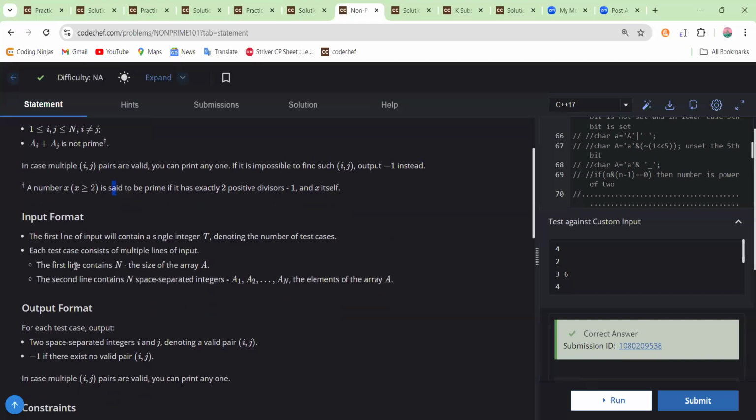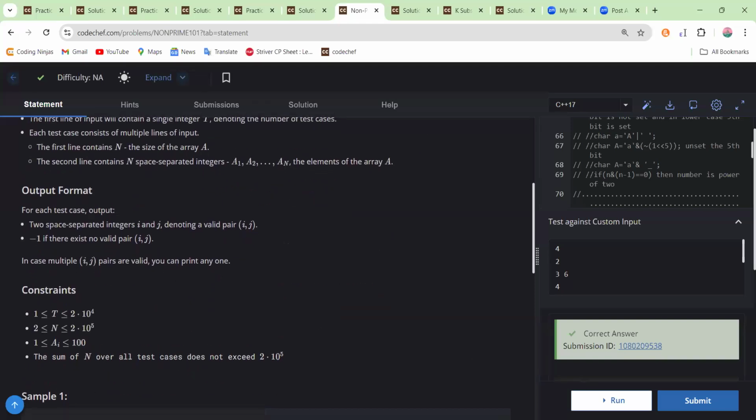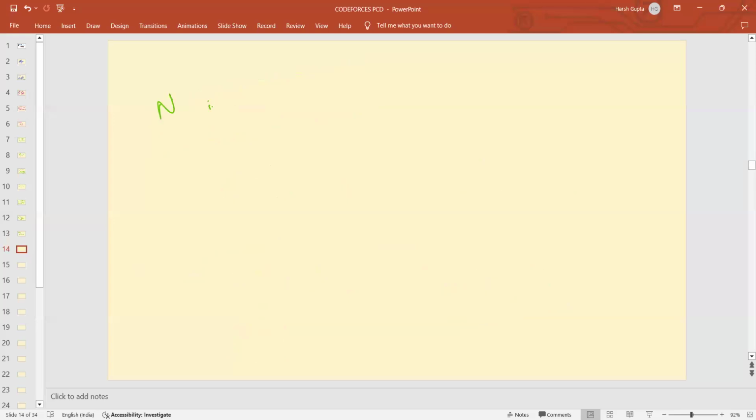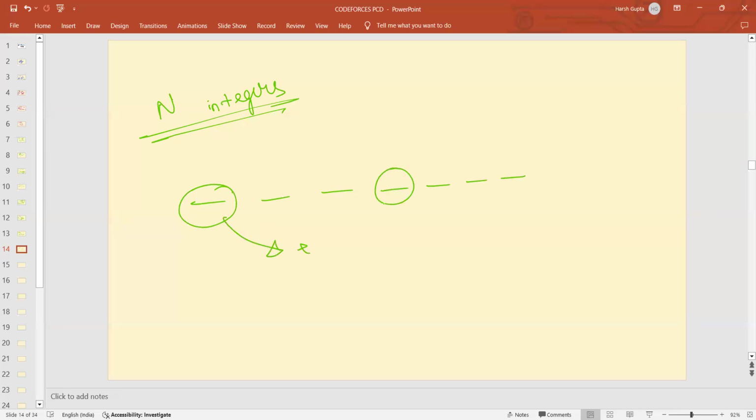First of all, let's understand what the question wants to say. In the question, you are given n integers, and you want to say, can you take any two integers in this array, add them, and obtain a number that is not prime.